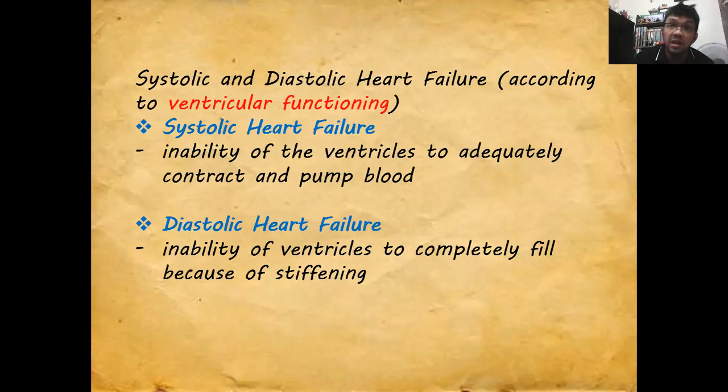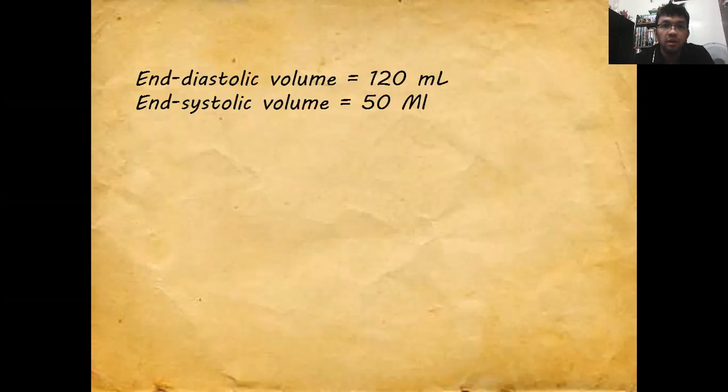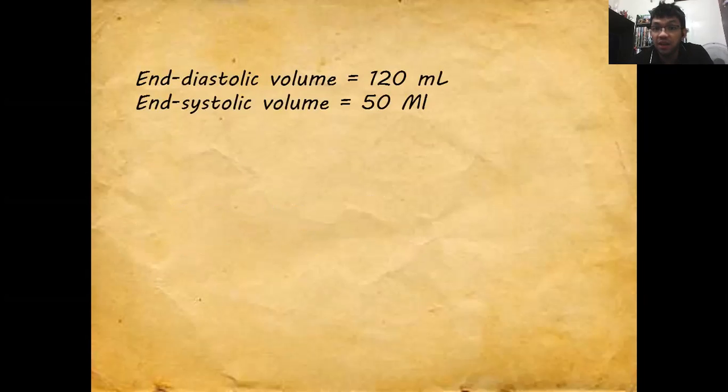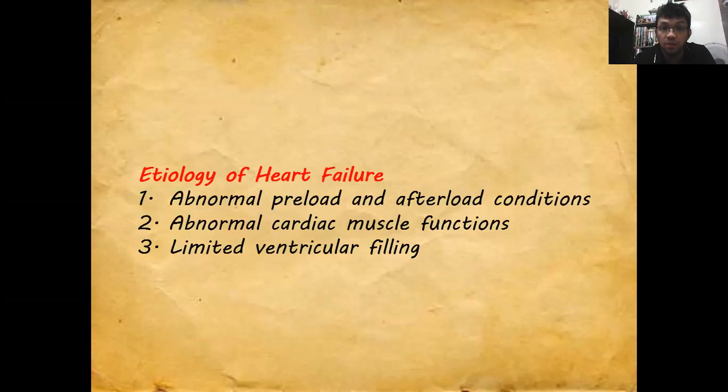So the tendency is for the patient to have a low cardiac output. The end diastolic volume should be around 120 ml, while the end systolic volume should be at 50 ml. And anything lesser than that, probably the patient is experiencing heart failure.